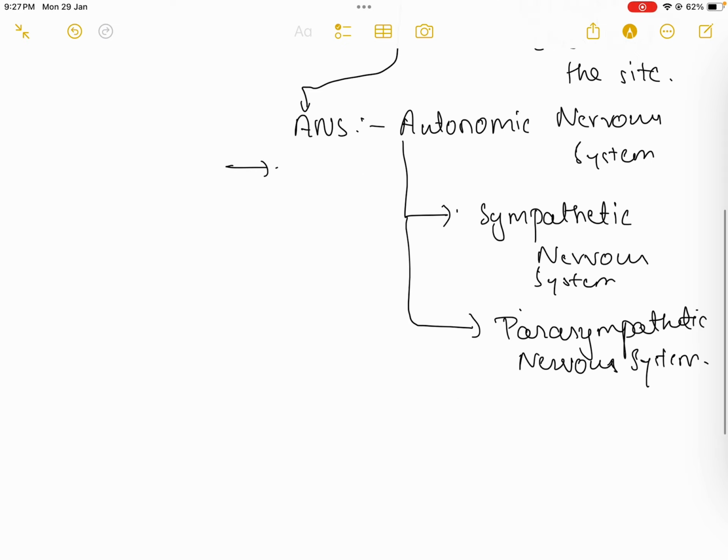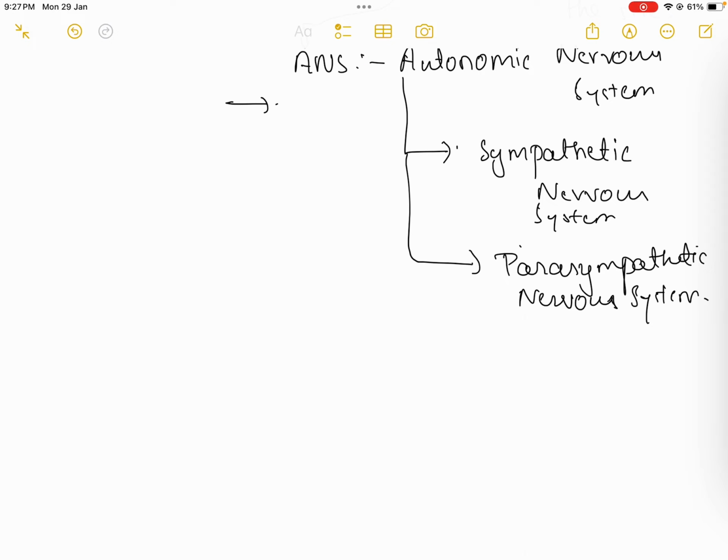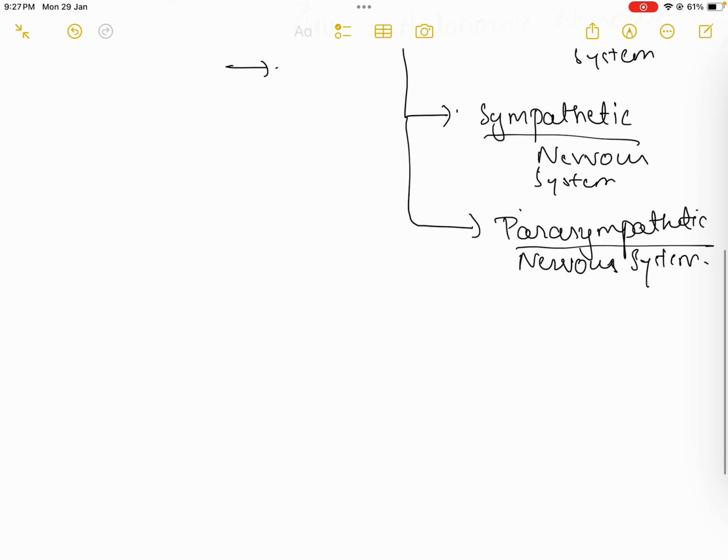I think you are aware of these two terms, sympathetic and parasympathetic nervous system. If we talk about them in anatomical terms, we first take up the parasympathetic system.